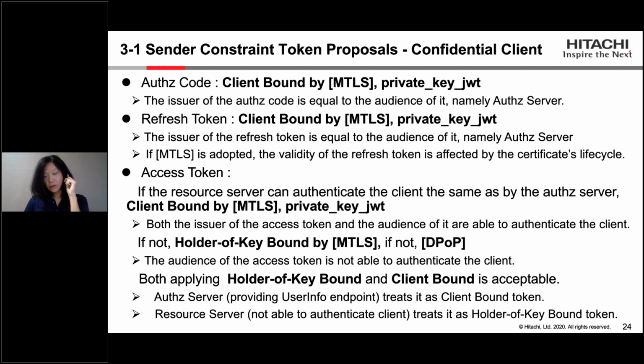Therefore, instead of using the client bound method, we can use the holder-of-key bound method for sender constraint tokens. Then, I think the MTLS method might be more secure compared to the DPoP method because MTLS can leverage the TLS layer and its security properties. Therefore, I think so.